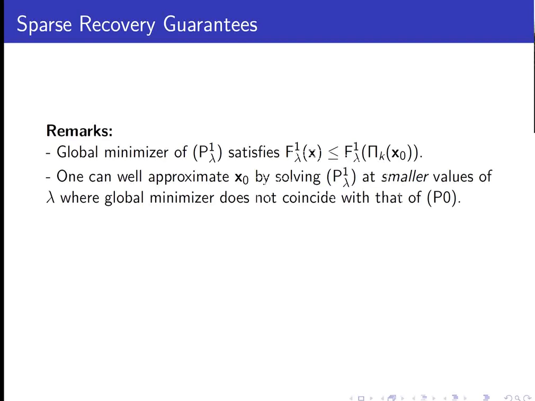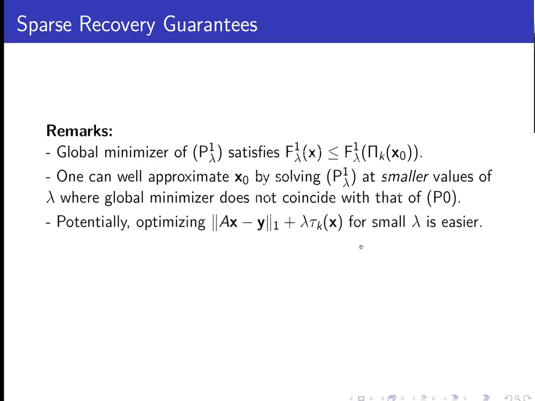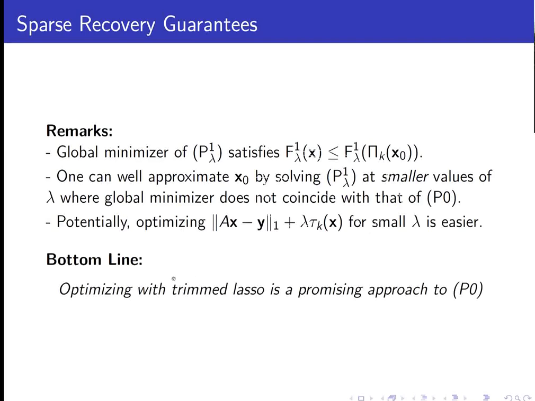In other words, you can solve maybe an easier problem and still get accurate vectors. And of course, if lambda is smaller, then hopefully this problem is easier to optimize. Okay? So to conclude the theoretical part, I hope that in the short time I had, I was able to convince you that optimizing with a Trim Lasso is a promising approach to try to solve the original problem P0.